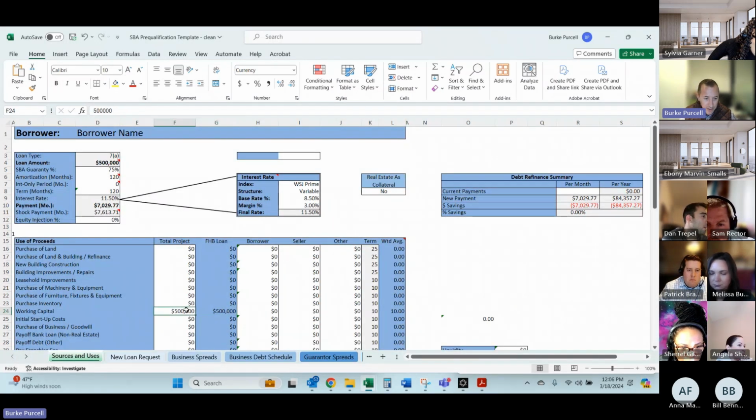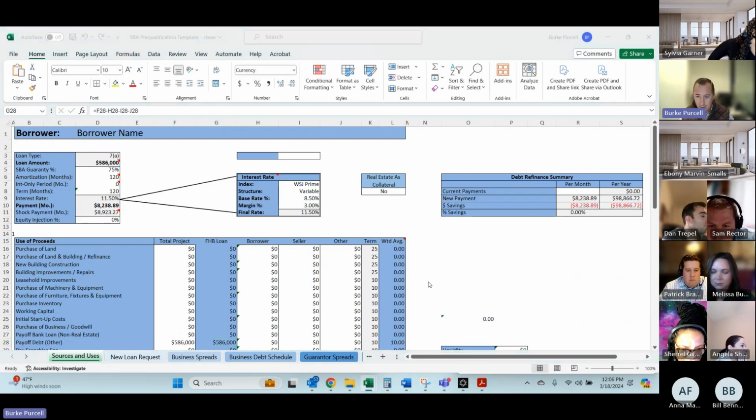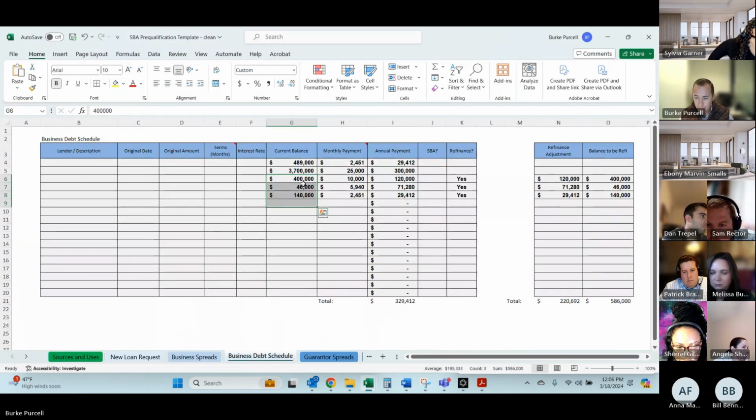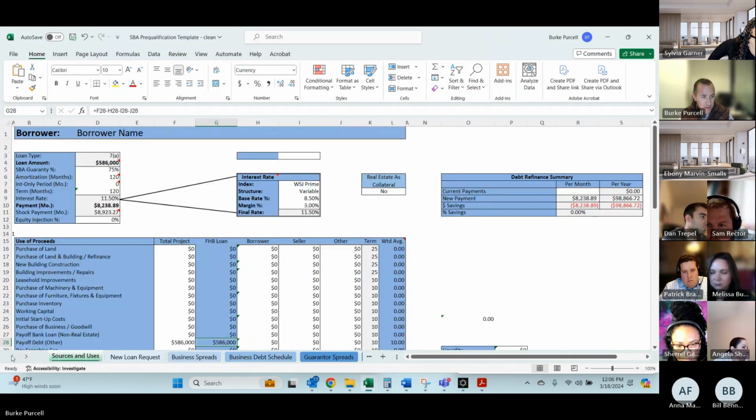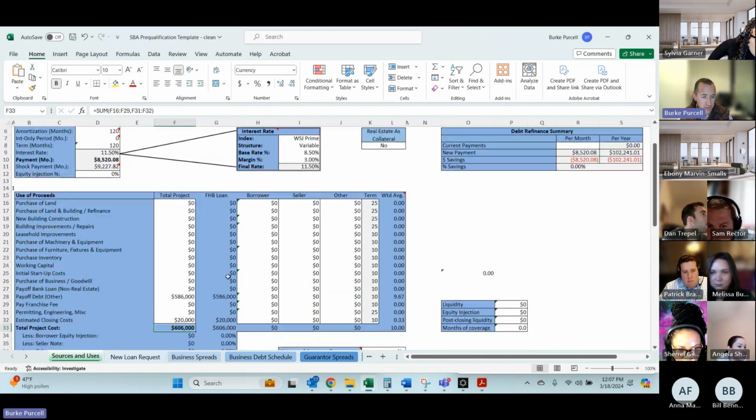So I would probably make this a payoff debt of $586,000. That's my analysis. Let's say there's 20 grand in closing costs, roughly. I got a loan of 606.